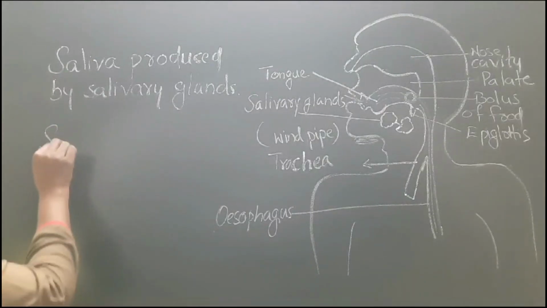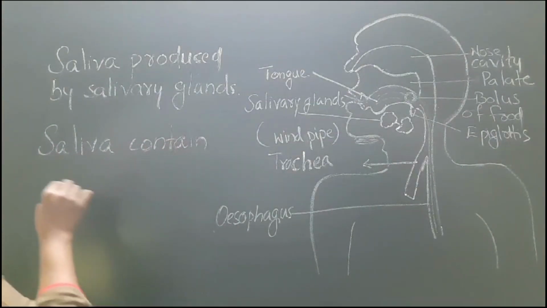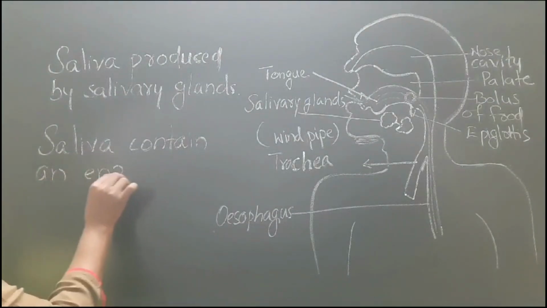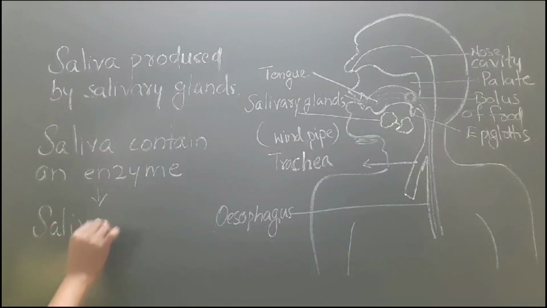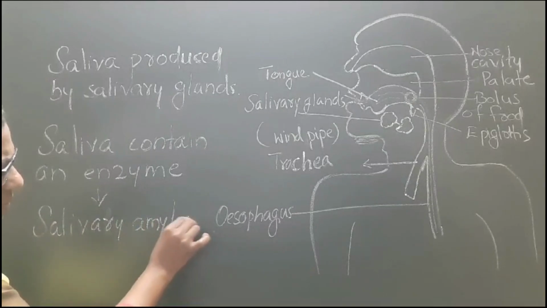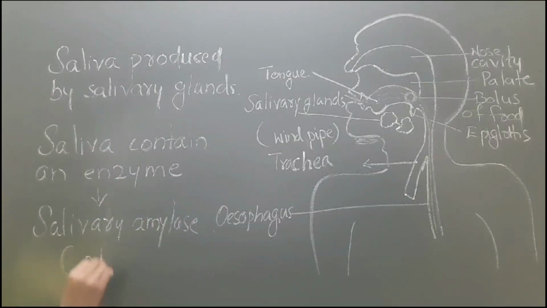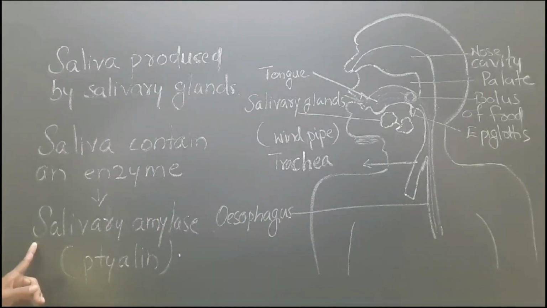Saliva contains an enzyme which is called salivary amylase, otherwise it is called ptyalin.